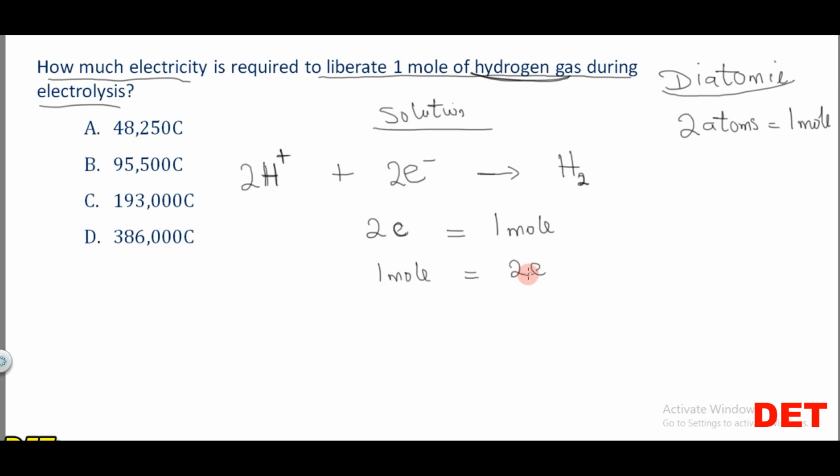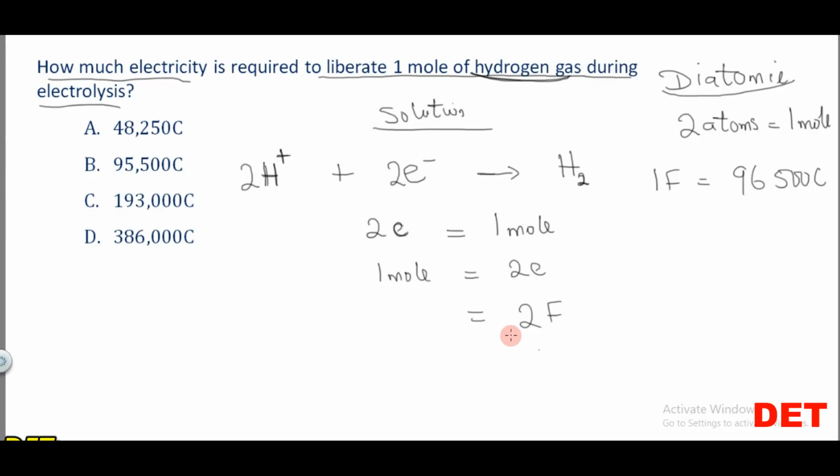So these 2 electrons of electricity are equal to 2 Faraday of electricity. And note that 1 Faraday is equal to 96,500 coulomb. This is the value for 1 Faraday.